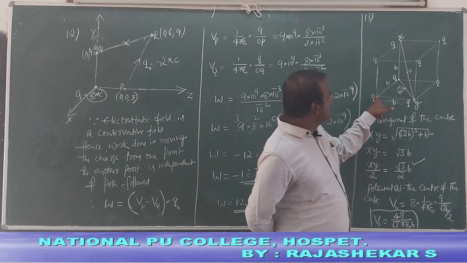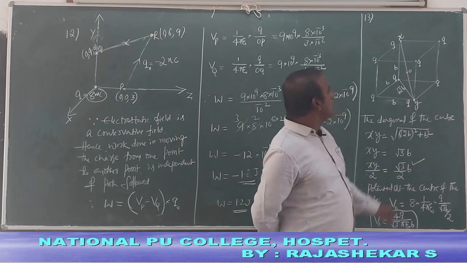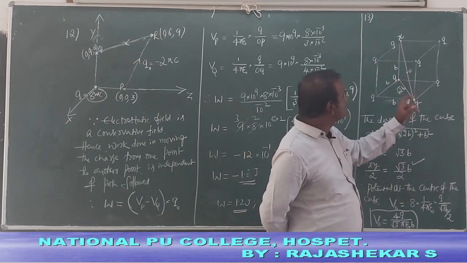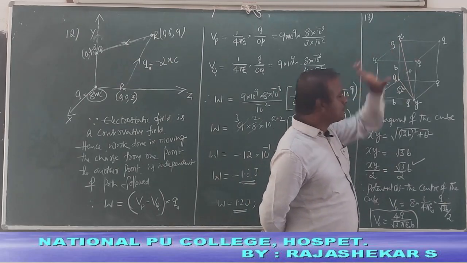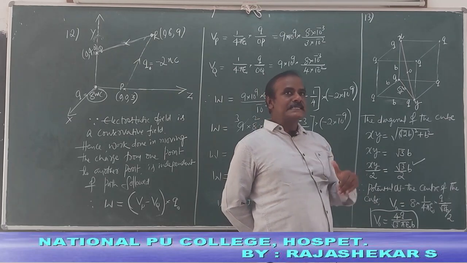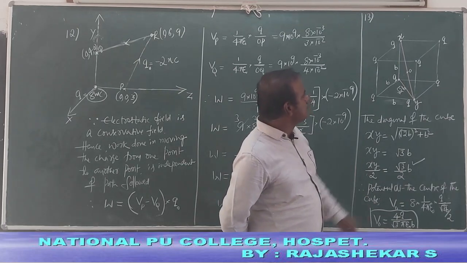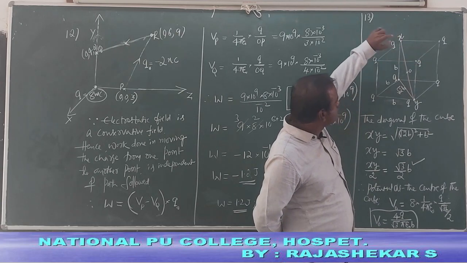Similarly, between these two charges, students, you will find similar result. This is one such pair, and it is true for remaining 3 such pair of charges. You will find similar results for these two charges, right?